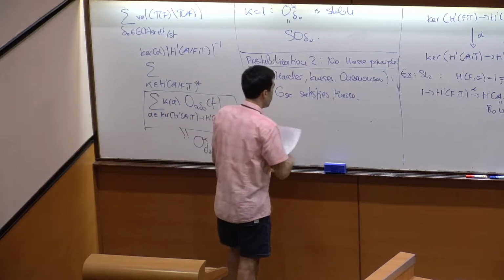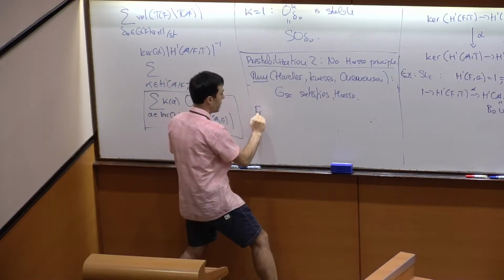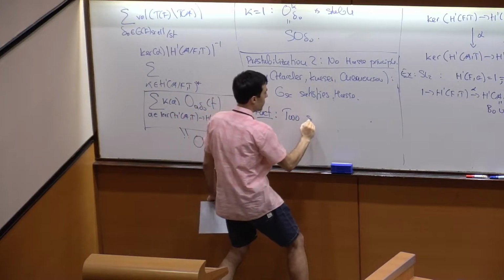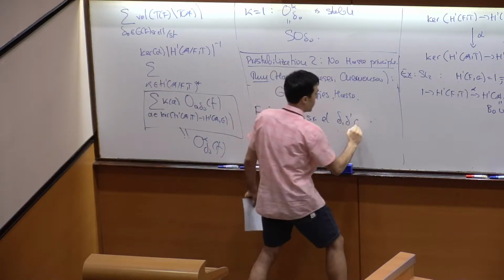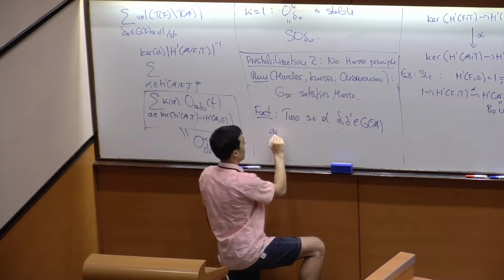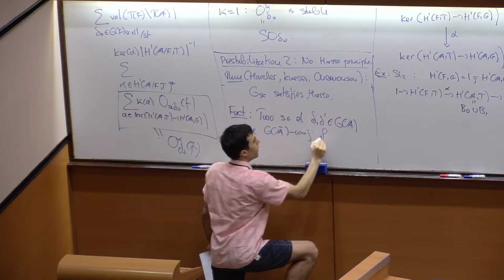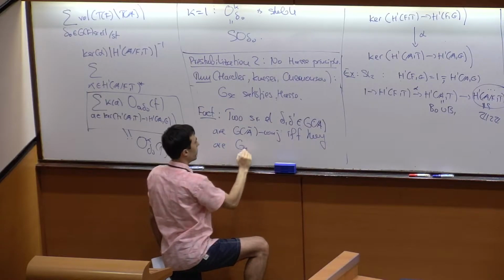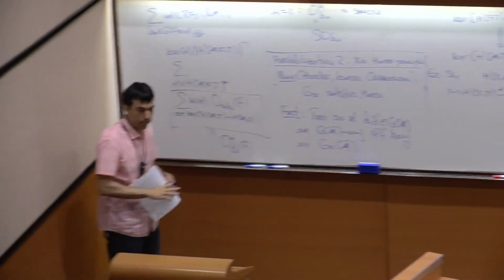Okay, so we're going to use this theorem, but we're going to need the following fact, namely two strongly regular elements, delta and delta prime, in G of A are G of A bar conjugate if and only if they are conjugate under the A bar points of the simply connected cover.